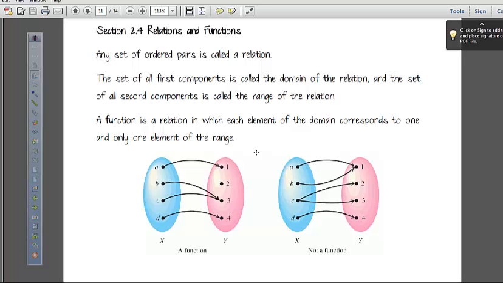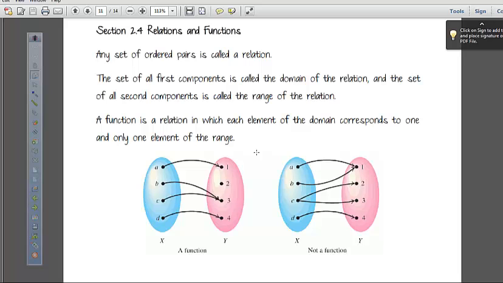A function is a relation in which each element of the domain corresponds to one and only one element of the range. Here we have a couple of illustrations that show us what is and is not a function.